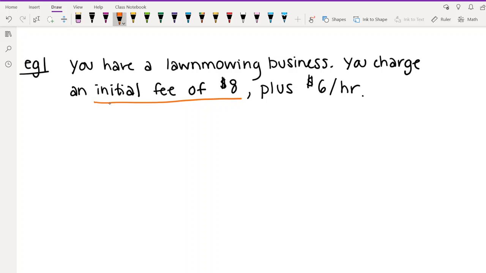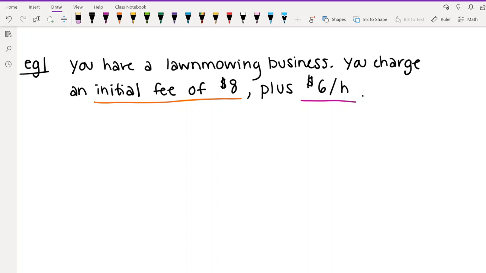That part doesn't depend on how many hours of lawn mowing you've done. Whereas the next part, the $6 per hour, that's the part that is going to vary, right? That tells you the rate of change, the rate of money that you'll be making per hour of lawn mowing. And so this $6 per hour is going to be our slope.